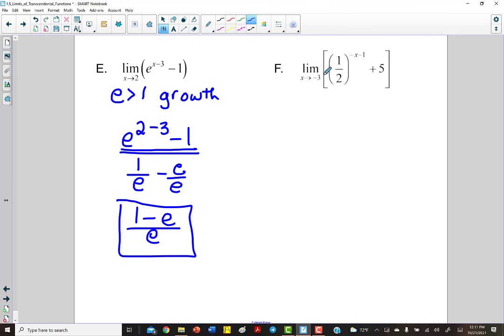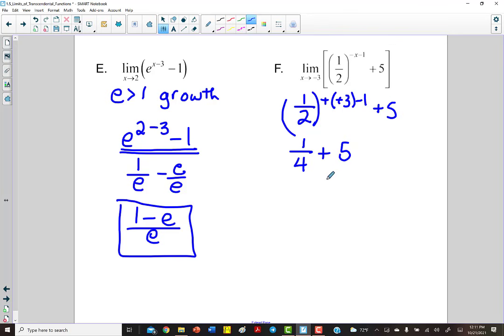And then on part F, again, I don't have any issue with just direct substitution. So direct substituting 1/2 to the negative 3 minus 1, that's going to become 1/2 to the second power, which is 1/4, and then we would add 5.